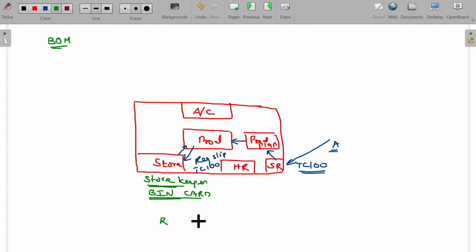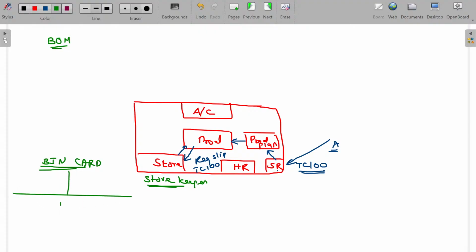Receipts, issues, and balance stock they have. In the bin card, I'll write that here. Bin card. Receipts, issues, and balance.